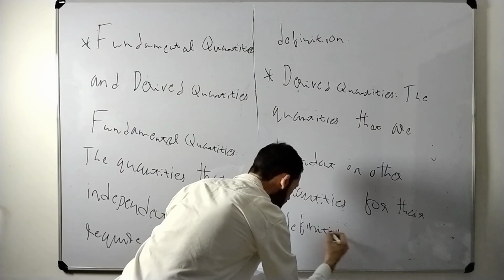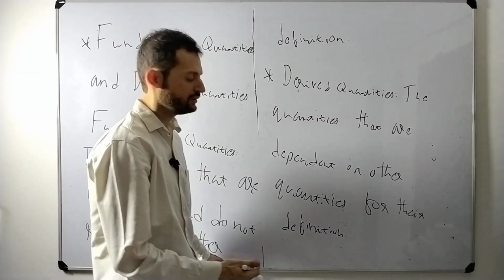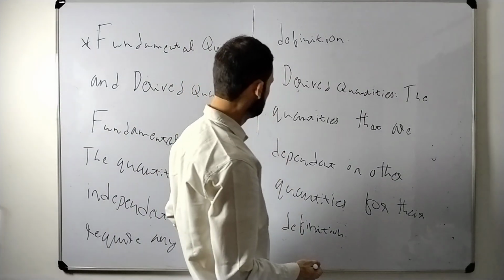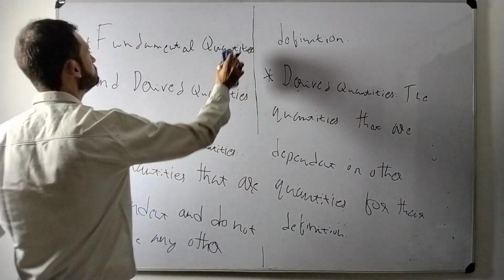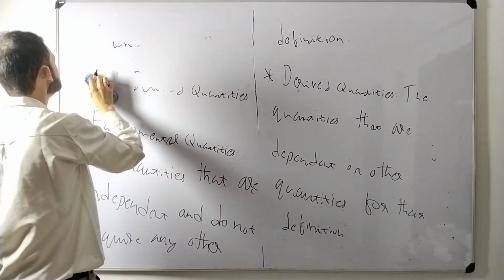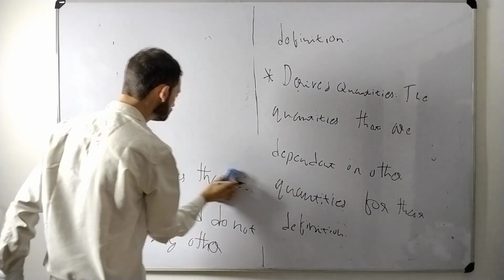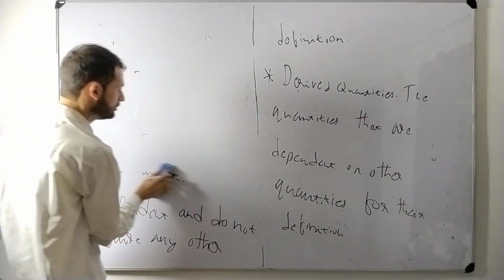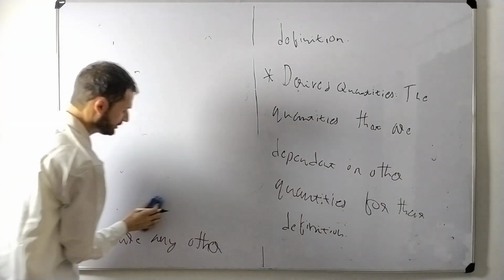So basic examples: speed, relative density also, and many more: work, power, energy, acceleration.